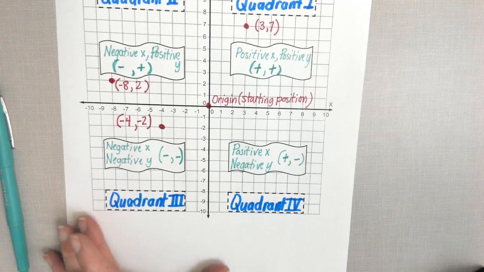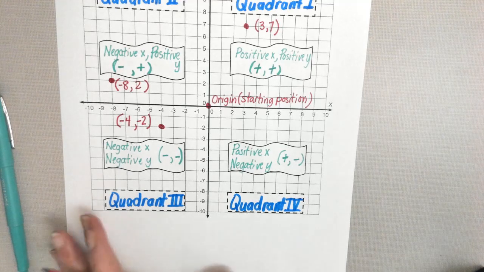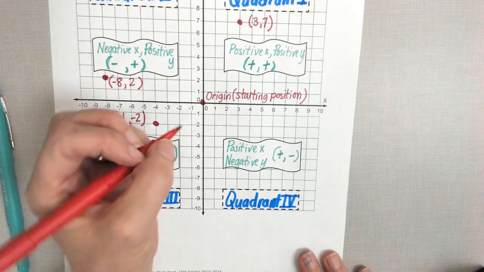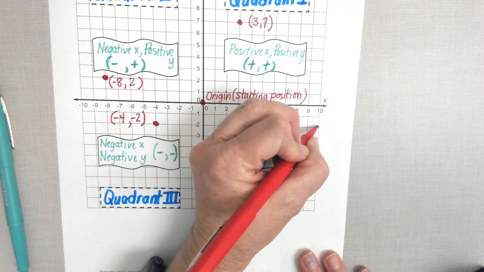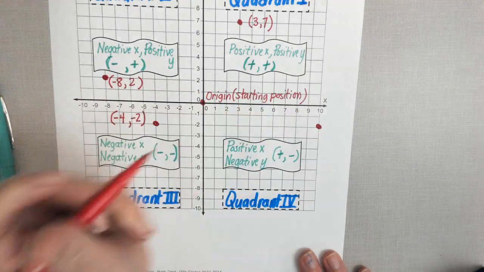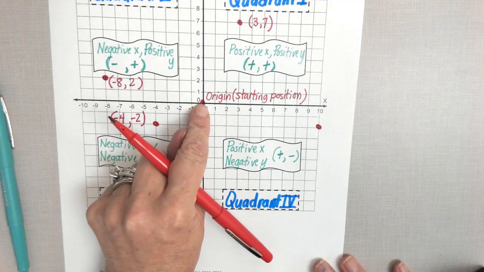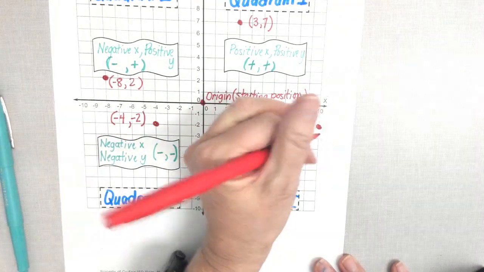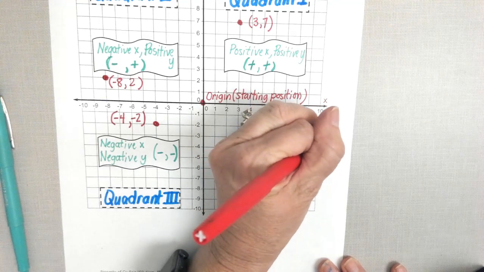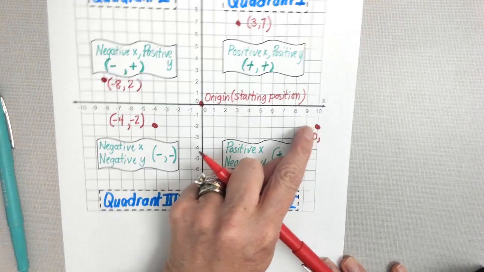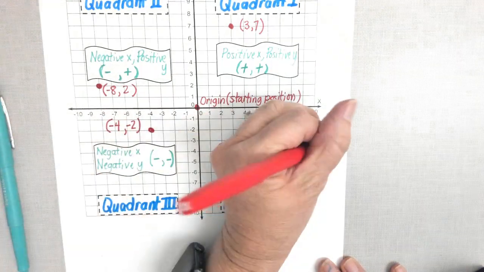And then finally, for quadrant 4, let's just do way over here. Starting at the origin, moving all the way across, that number is 10, comma, and the y value is negative 2.